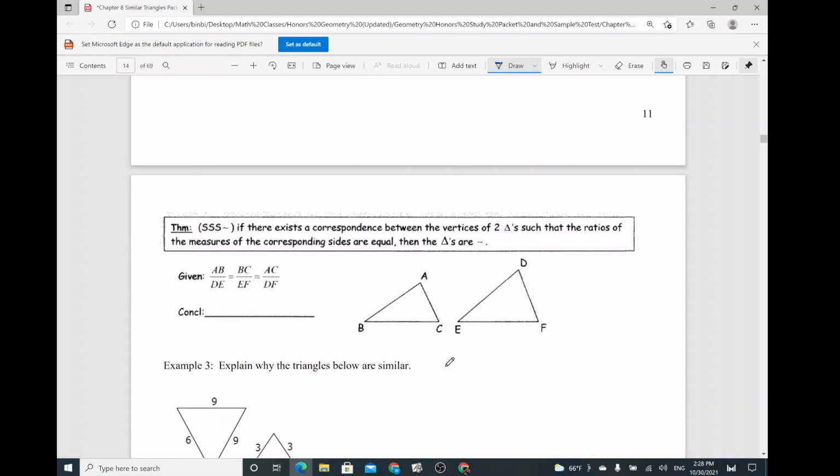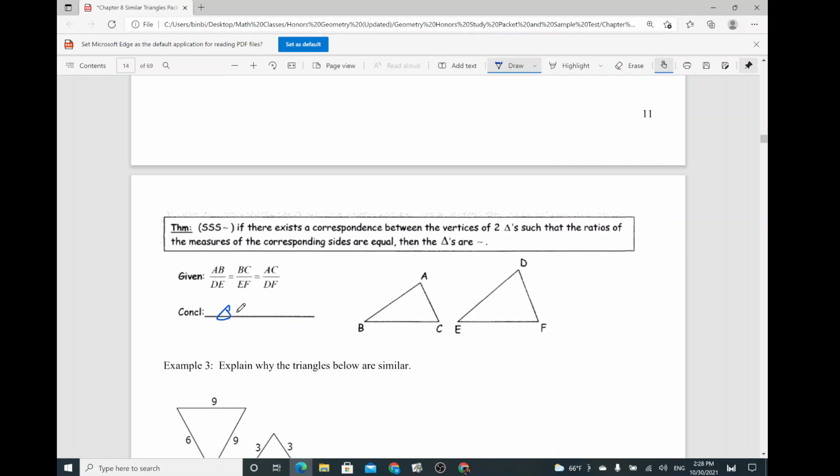So here's another theorem, side-side-side. If there exists a correspondence between the vertices of two triangles such that the ratios of the measures of the corresponding sides are equal, you see the proportionality statement that we wrote in the previous sections. If they're all equal, then the triangles are similar.